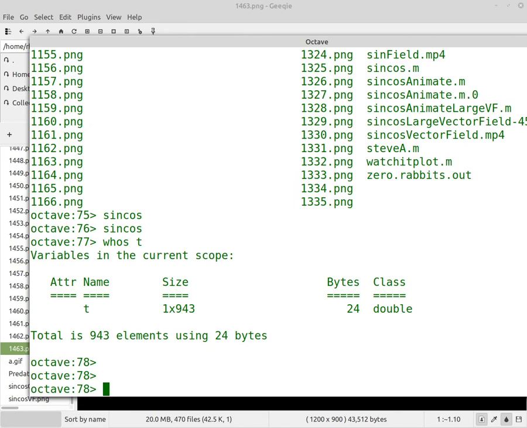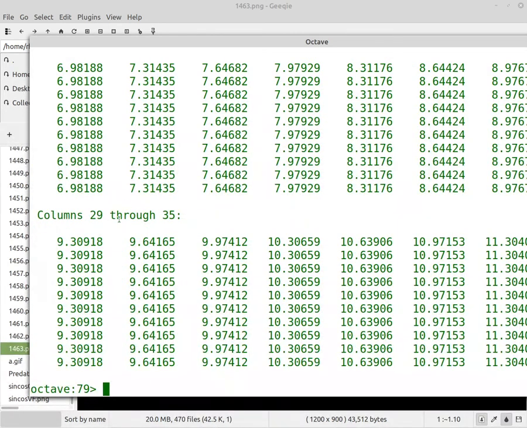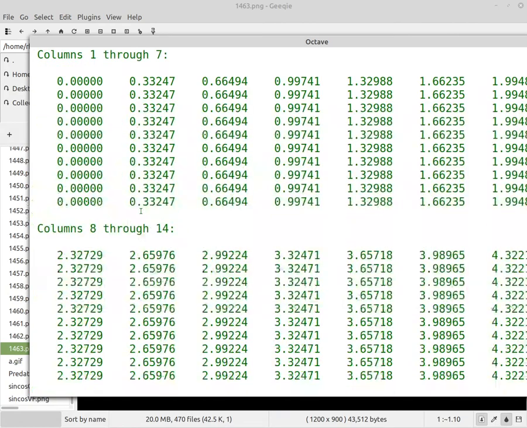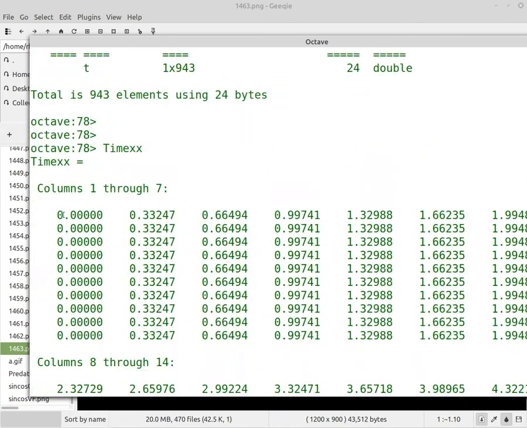If we look at this time xx, this is a huge matrix where it has 10 elements going down. So here's 1, 2, 3, 4, 5, 6, 7, 8, 9, 10. So there's 10 going down.